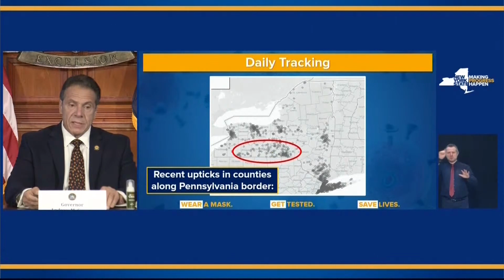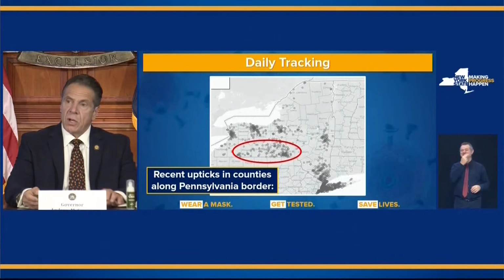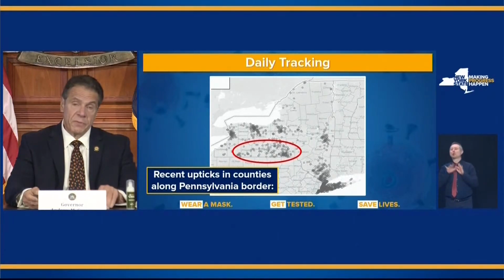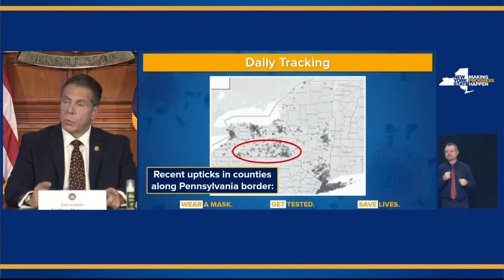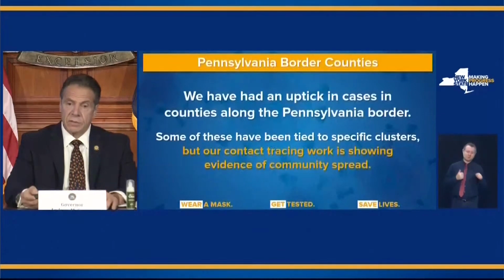But we're seeing recent upticks in counties along the Pennsylvania border. That could be from a couple of causes. Pennsylvania has a high infection rate. You could have people going from those counties to Pennsylvania. You could have people from Pennsylvania coming into those counties. In a lot of those counties, people work in one place and live in another.